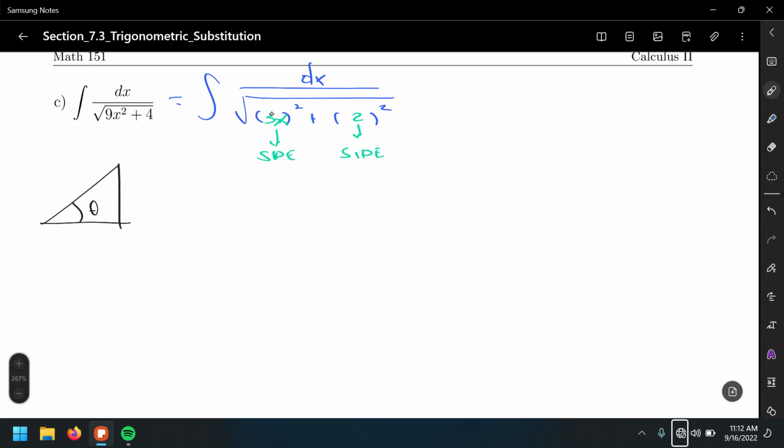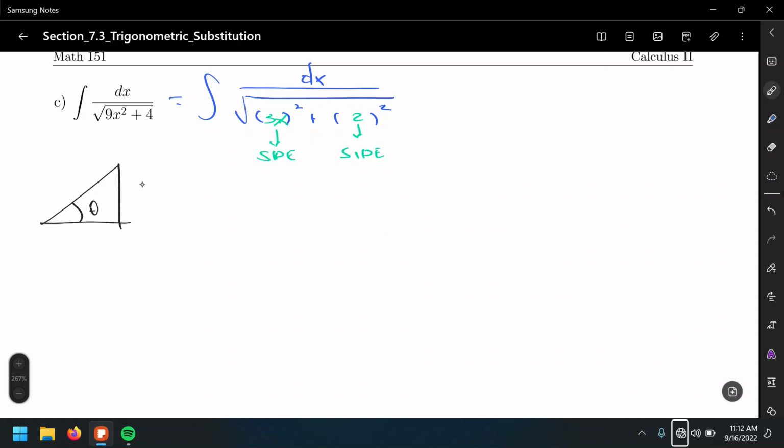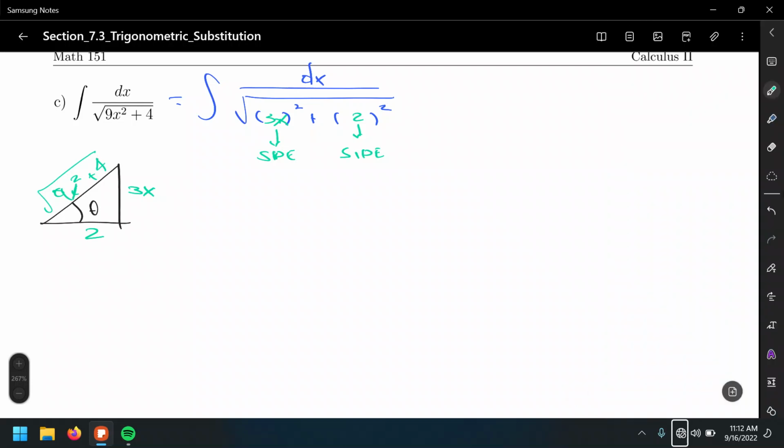However, for the side containing the variable, my advice is that you label that the opposite side. That's 3x over 2. And if you did the Pythagorean theorem using these two pieces of information, you should get back to the original radical, the square root of 9x squared plus 4. Well, so we got everything.